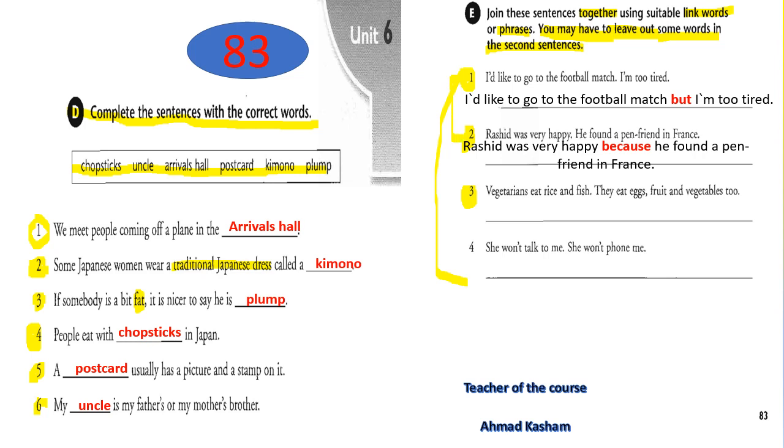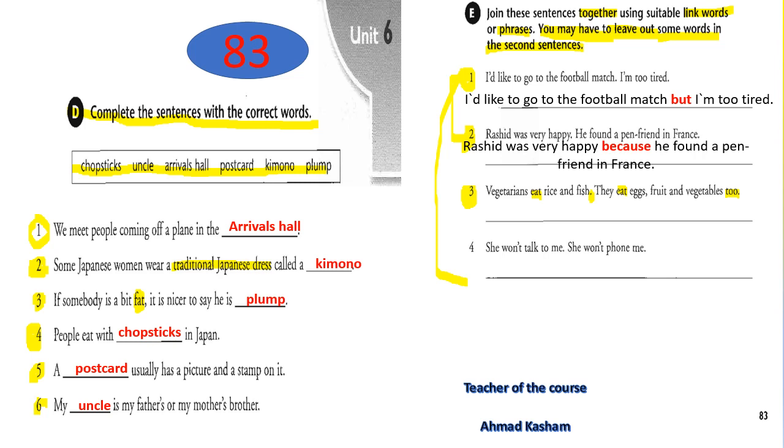Until now, I didn't need to delete any words in sentence number 1 and 2. Now pay attention here. Vegetarians eat rice and fish. Yes, we have a full stop. They eat eggs, fruit, and vegetables too. Now, vegetarians eat, they eat. So, I can make them in one sentence. But here, I should delete many words. I can make it in one sentence using as well as.